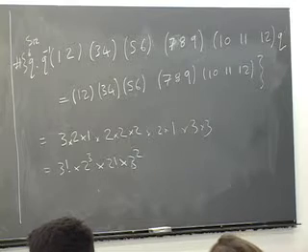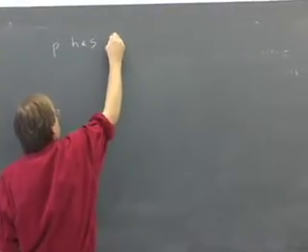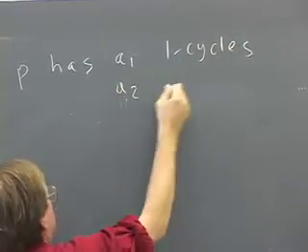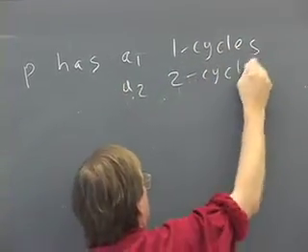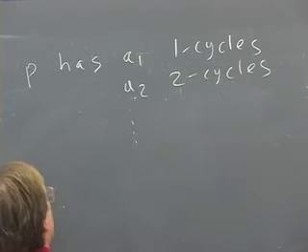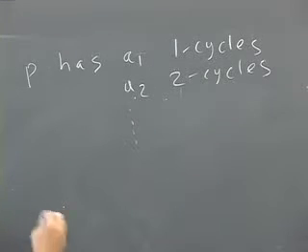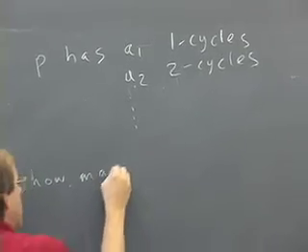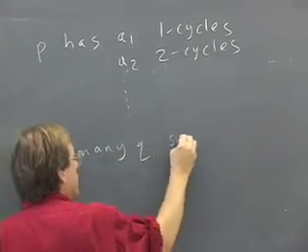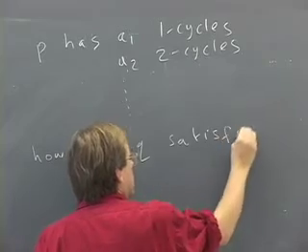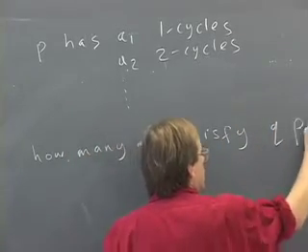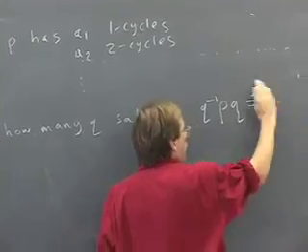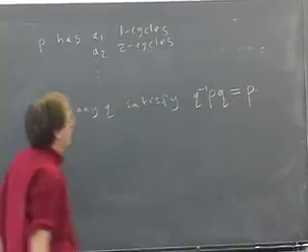If P has A1 1 cycles, A2 2 cycles, and so on, then how many Q satisfy Q inverse PQ equals P, or any conjugate of P, it doesn't matter what I put there?